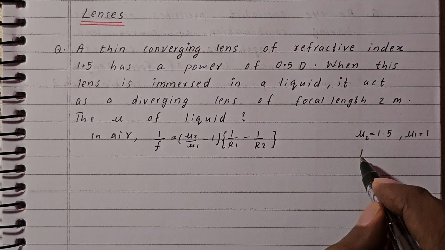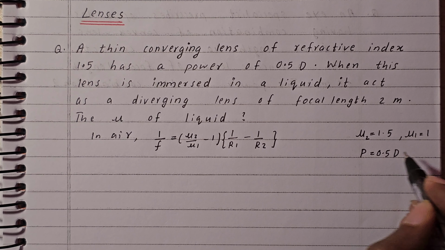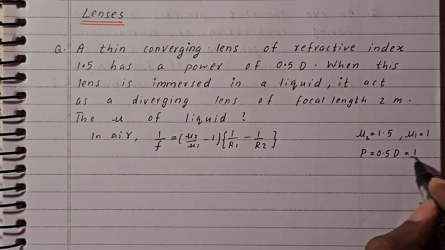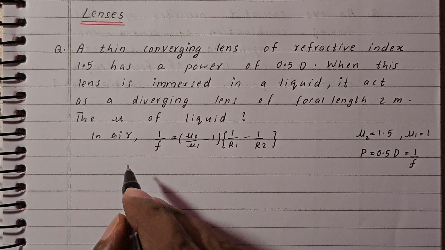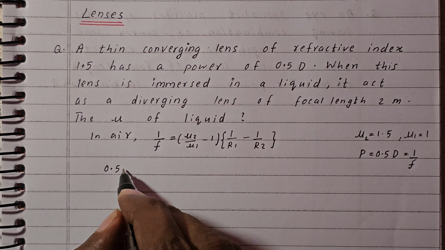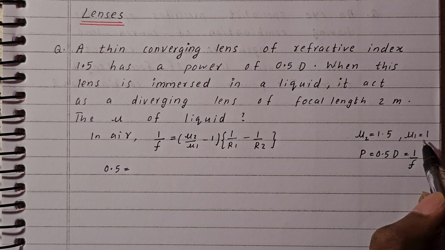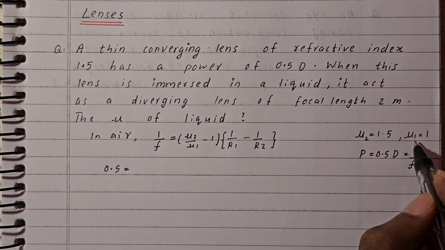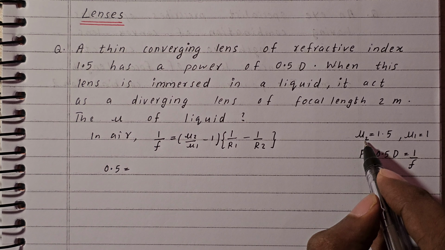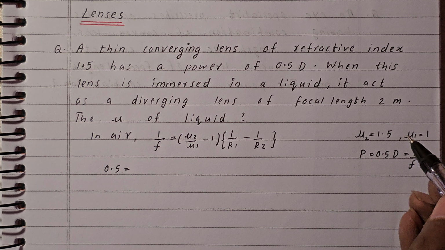Here power is given. Power is equal to 0.5 diopter. Actually P is equal to 1 by f. So 0.5 is equal to (mu 2 is 1.5, mu 1 is 1). Mu 1 is the refractive index of the air and mu 2 is the refractive index of glass or lens.